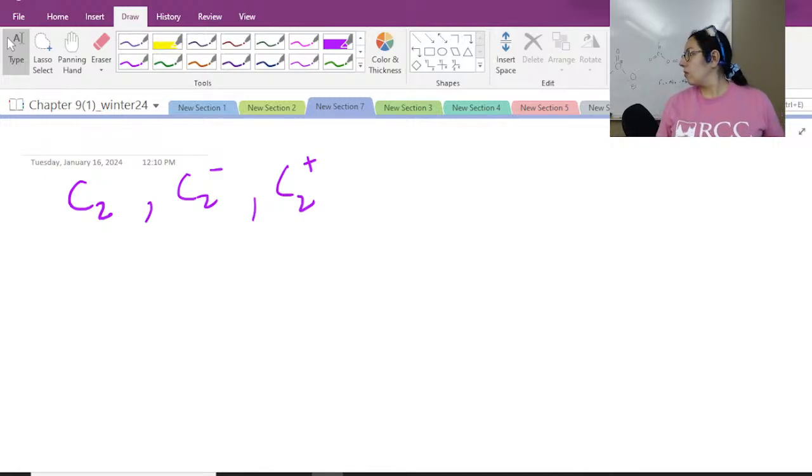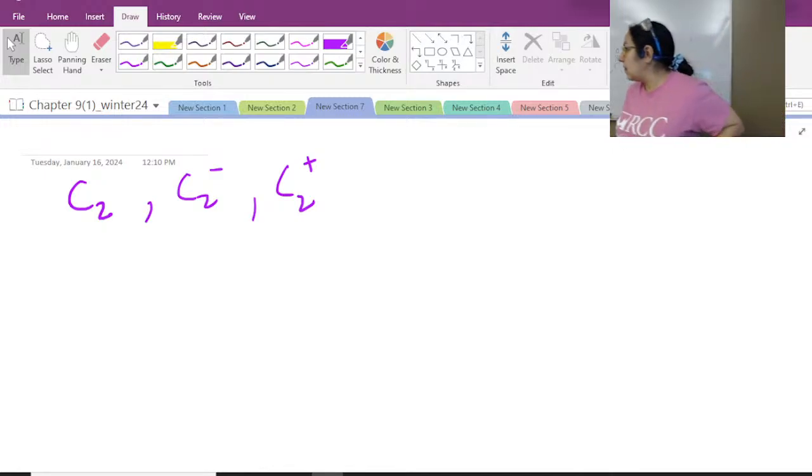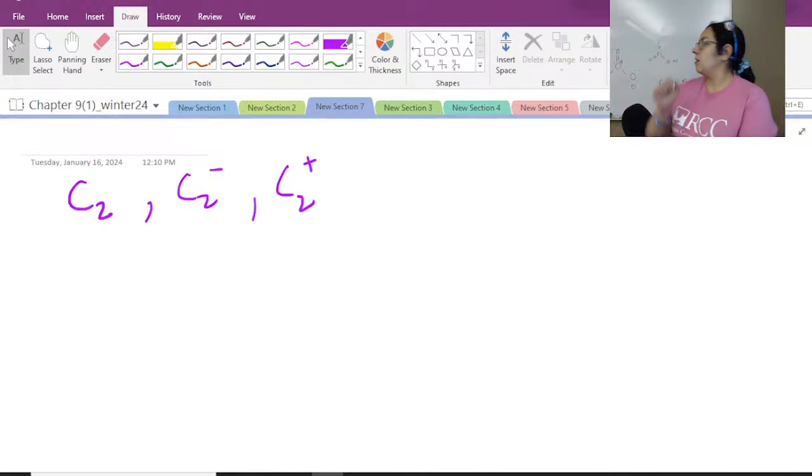I can do it. Is it just the MO? Yeah, if you just want to put the MO diagram for C2. Yeah, you could also do it on the other board, if there's more space on there.